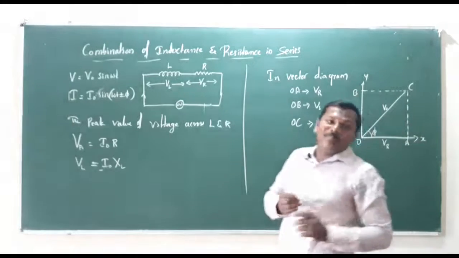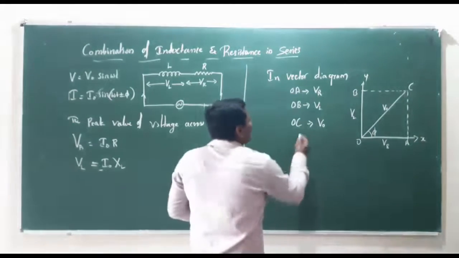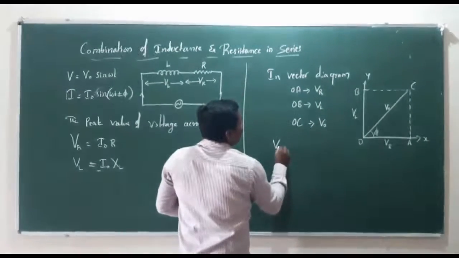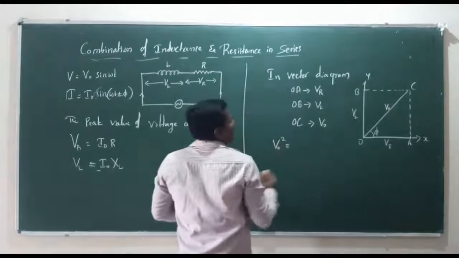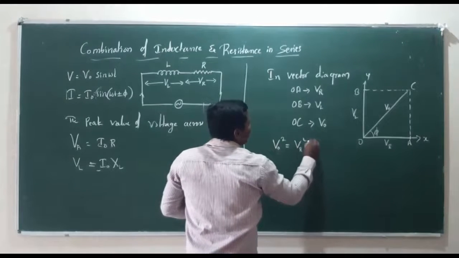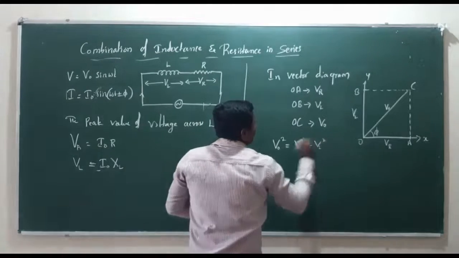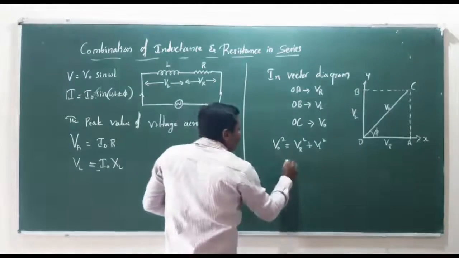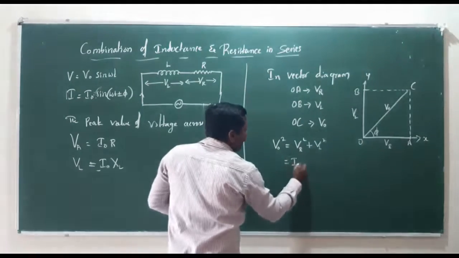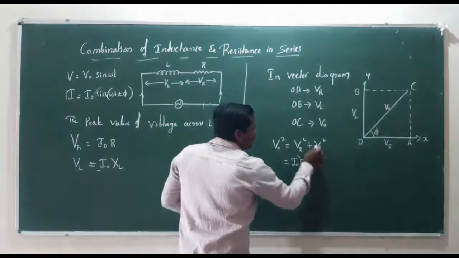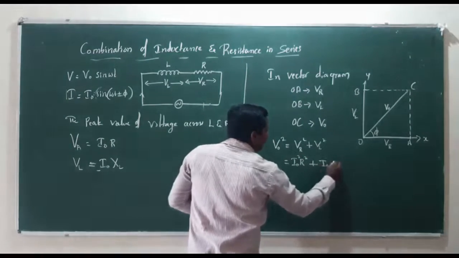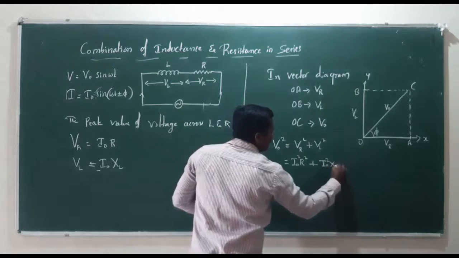By applying the Pythagoras theorem to triangle OAC, V naught square is equal to VR square plus VL square. We know that VR is I naught R, and VL is I naught chi L, so we get I naught square R square plus I naught square chi L square.